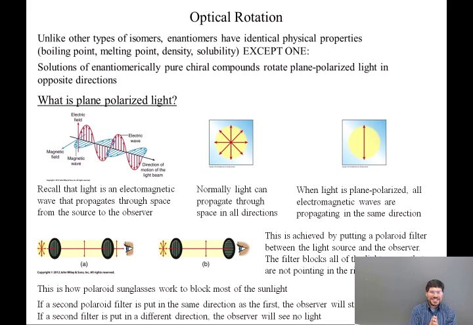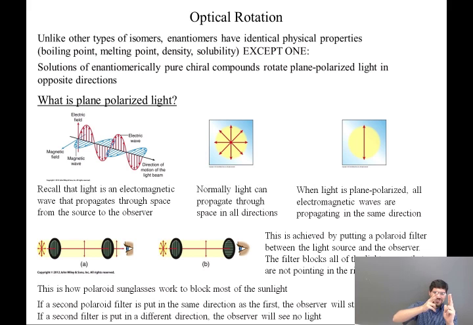Now in this diagram, if a second Polaroid filter is put in the same direction as the first, so with its slits, so to speak, pointing straight up and down, the observer will see some light.